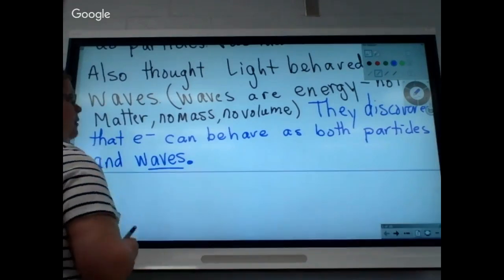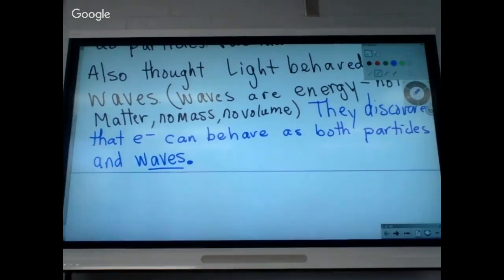Read it out loud again. They discovered that electrons can behave as both particles and waves. Now, if electrons can behave as particles and waves, what do you suppose that led them to the discovery of? What about light? It can do the same thing, okay?